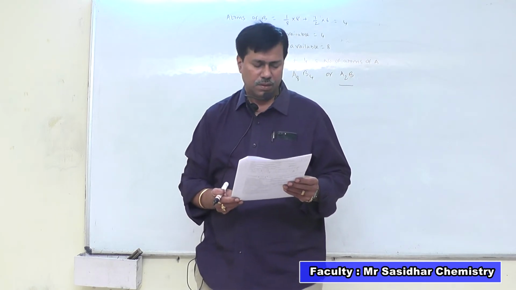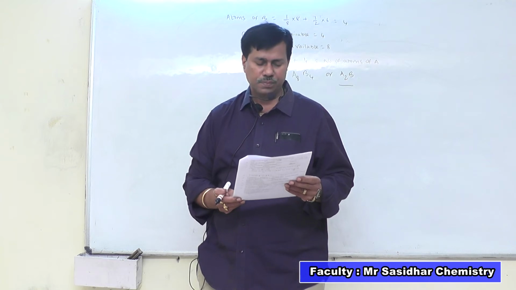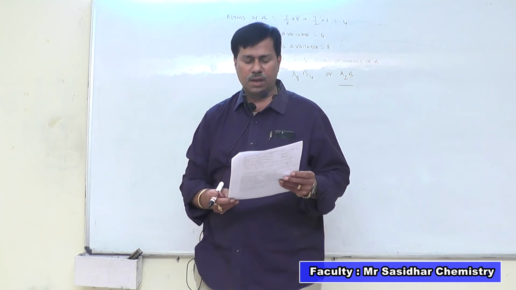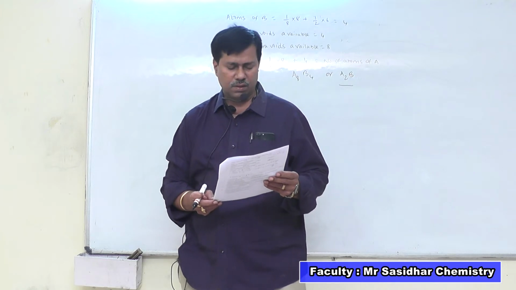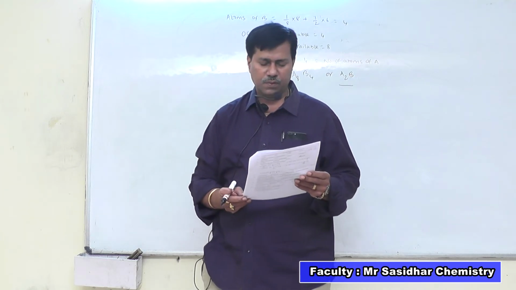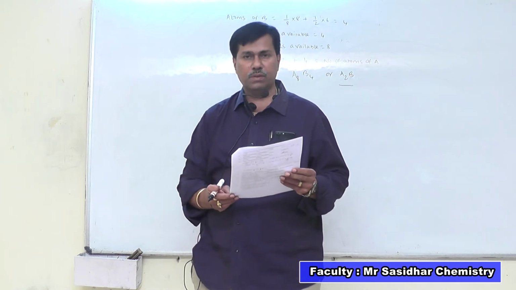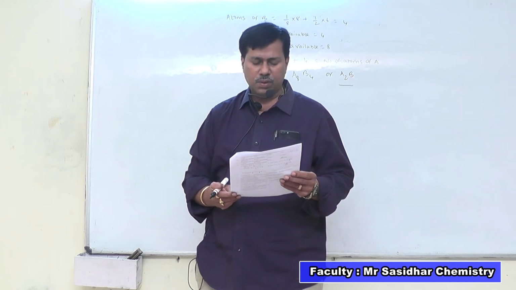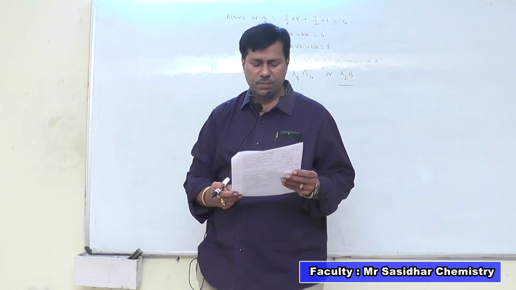Then, moving to question number 44. What type of defects are given in the figure? So just look into the figure over there and count the number of cations and the number of anions.